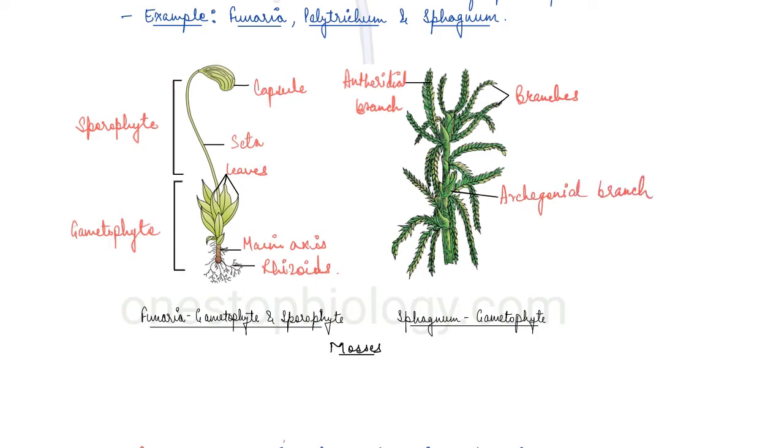As you can see there are two different branches here as well. The structure is a bit similar to a true plant wherein they have leaves and rhizoids, that is root-like structures, but they always lack a true system of root, shoot and leaves, right?